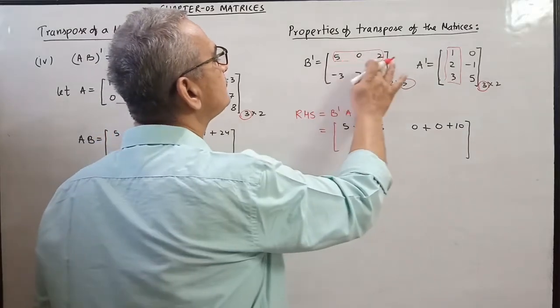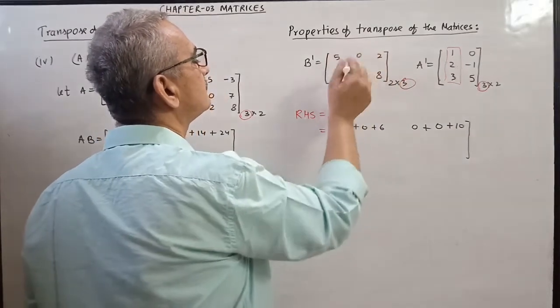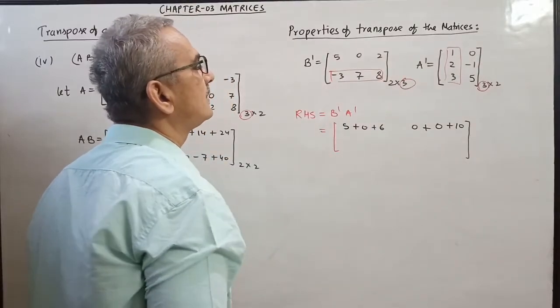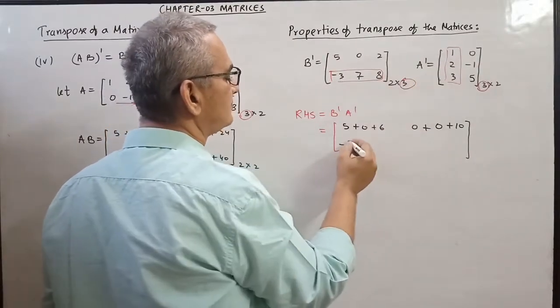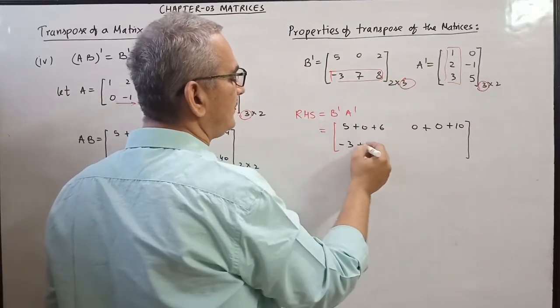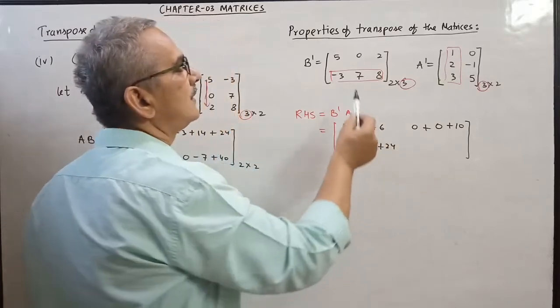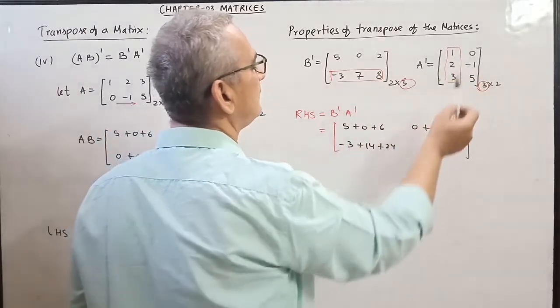Okay, now we'll take the second row, second row first column. So what we'll get? Minus 3 multiplied by 1 is minus 3, 7 multiplied by 2 is 14, 8 multiplied by 3 is 24. And then second row second column.